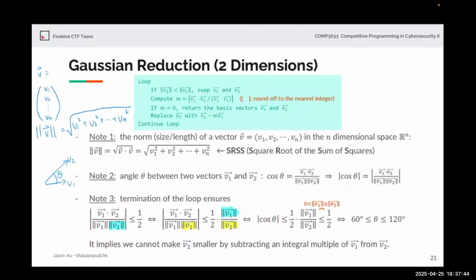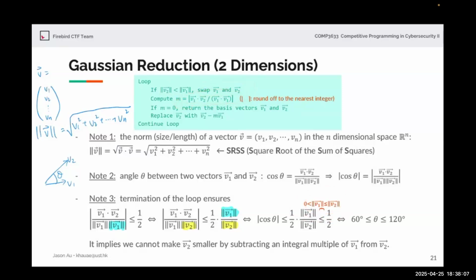In the algorithm, it ensures that V1 is less than V2. If they are not in this relationship, we will swap. So it ensures that in this process, V1 is shorter than V2, and they're both positive because, as vectors, the length must be positive.